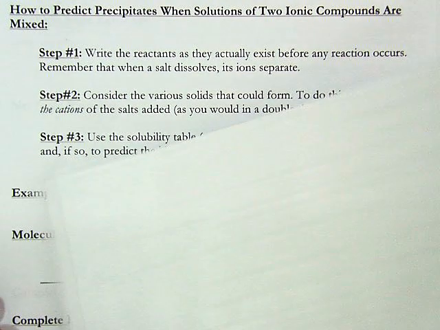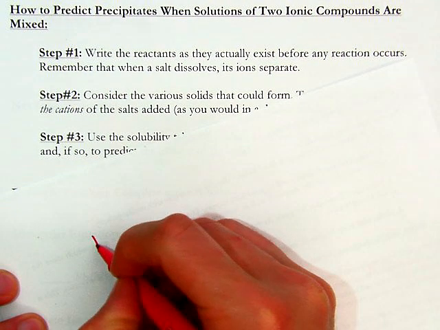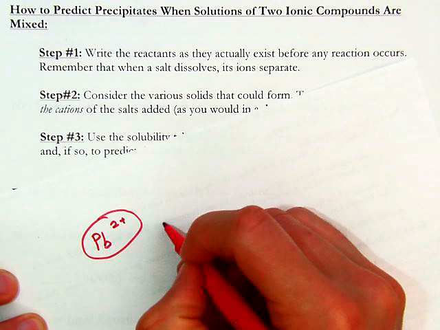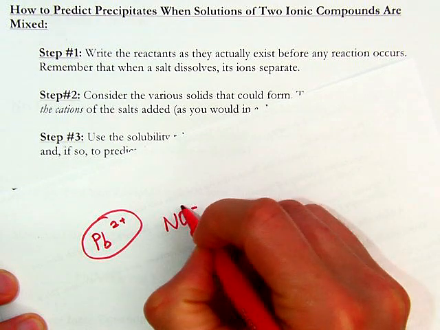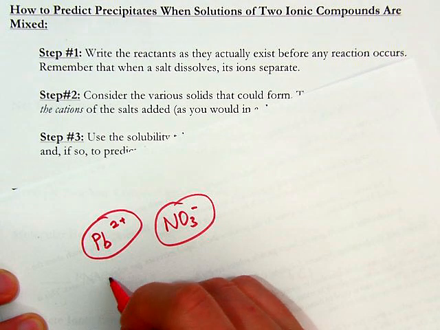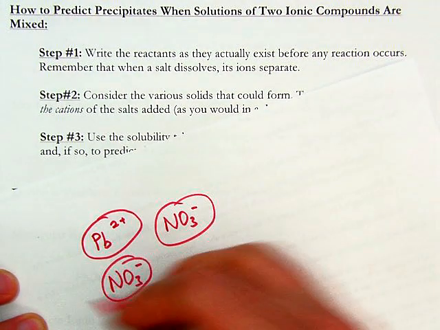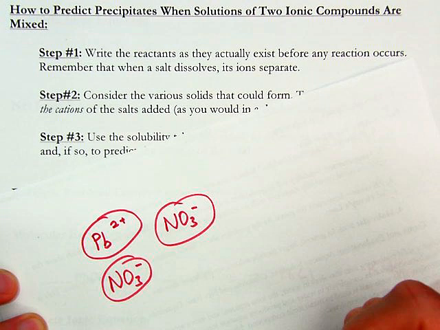What it means is you would have a Pb ion, and then you would have a nitrate ion, and then you would have another nitrate ion.